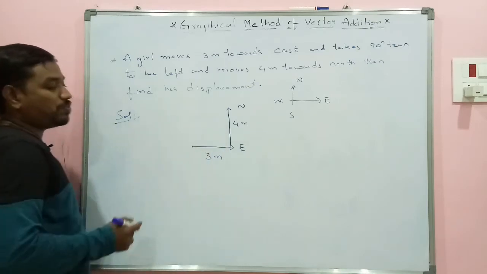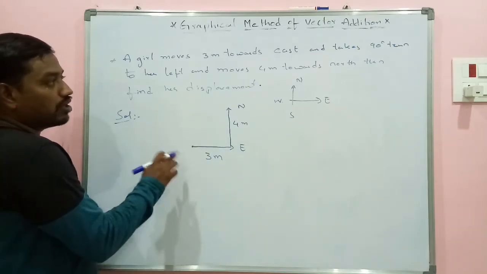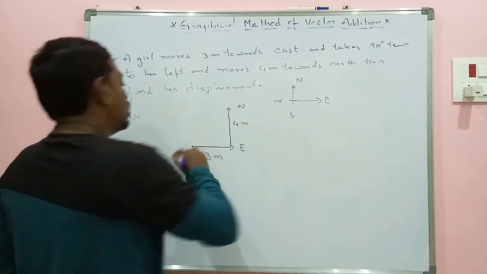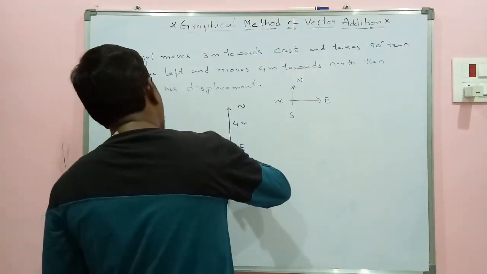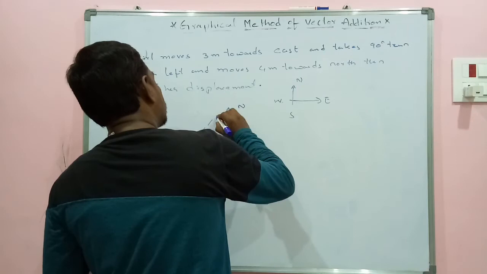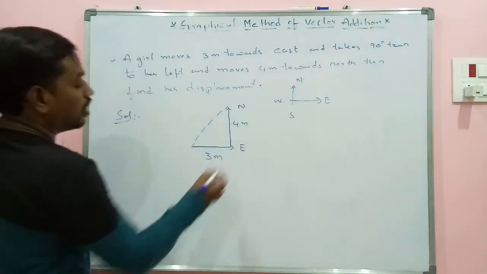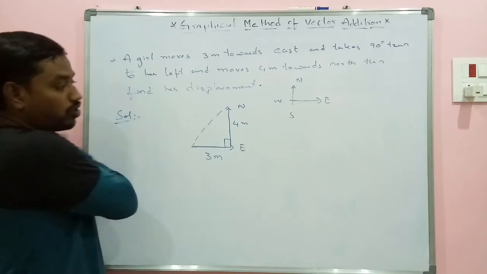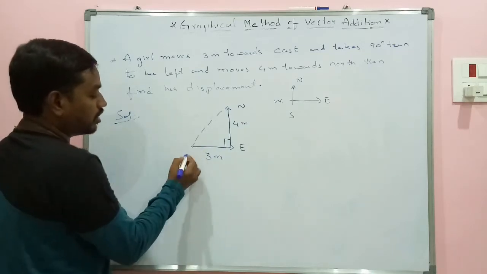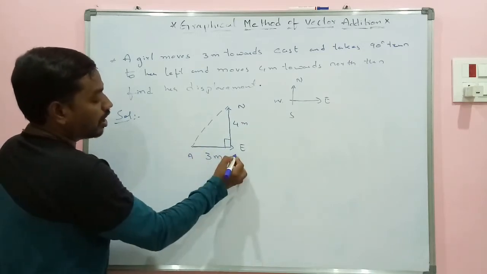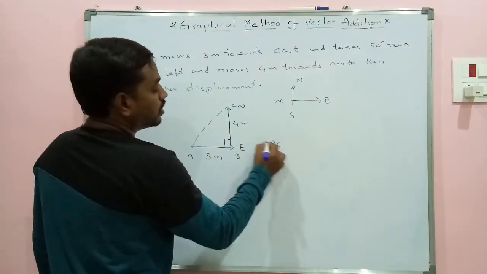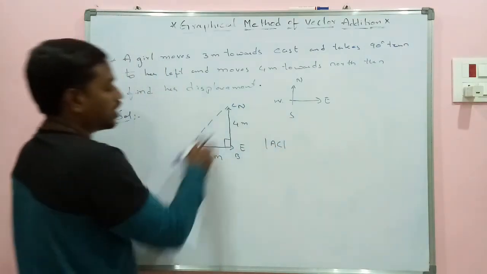Now, what is the displacement she covered? This is the initial point and this is the final point. So this will be the displacement. I got a 90 degree angle here. It is a right angle triangle. So let these points be A, B and C. AC mod is the hypotenuse.